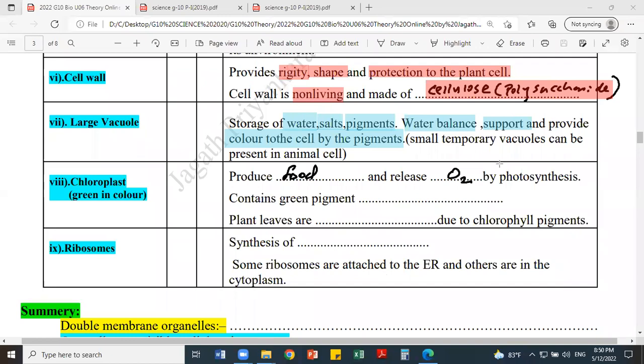Chloroplasts contain the green pigment chlorophyll. And plant leaves are green because of chlorophyll pigments. Instead of food you can write glucose here.